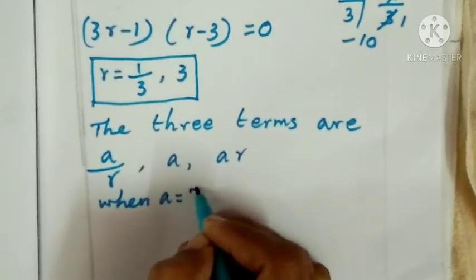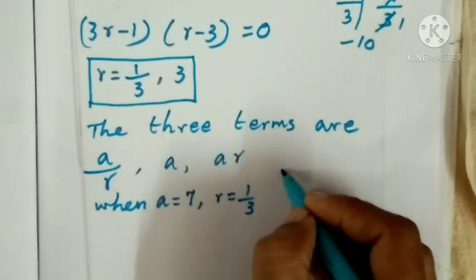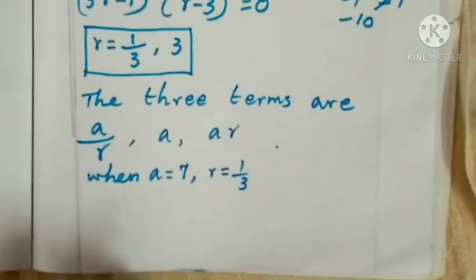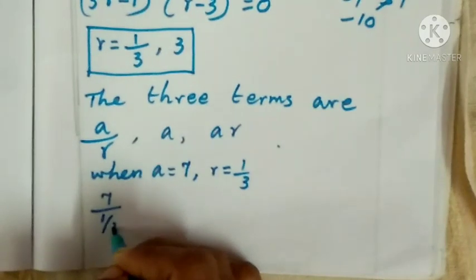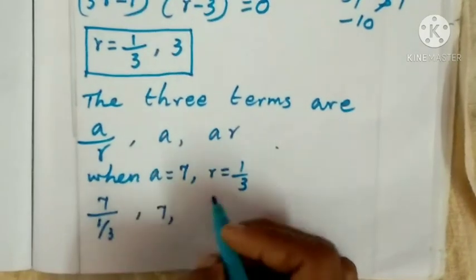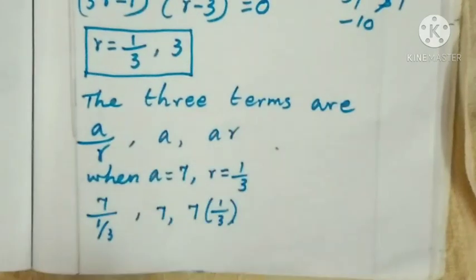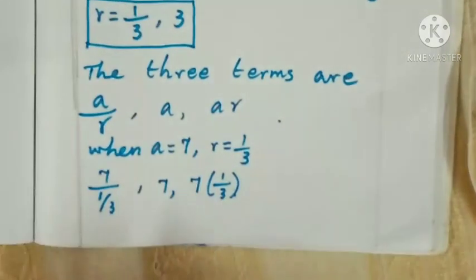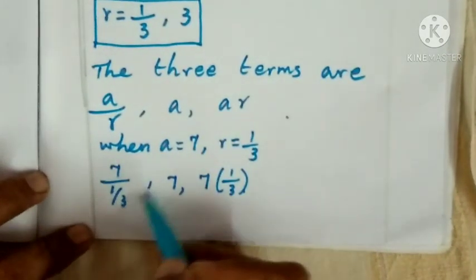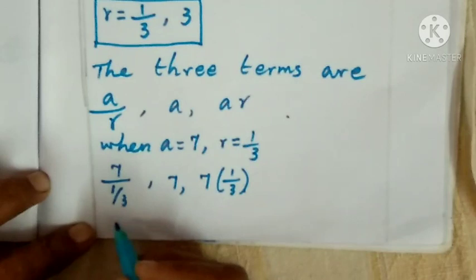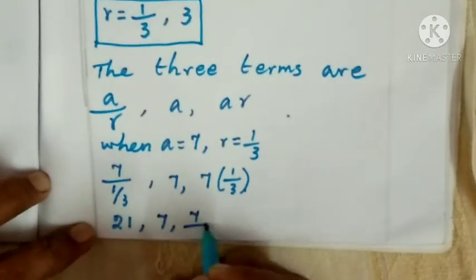When a is equal to 7 and r is equal to 1 by 3, we get 7 by 1 by 3, 7, 7 into 1 by 3. It can be written as 7 by a fraction, so you have to take the reciprocal, this means 21, 7, 7 by 3.